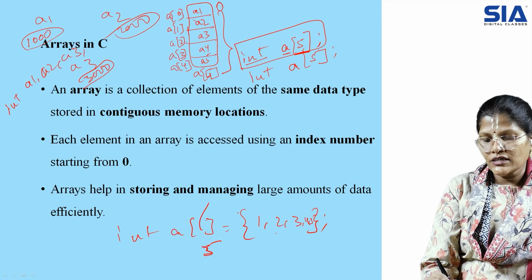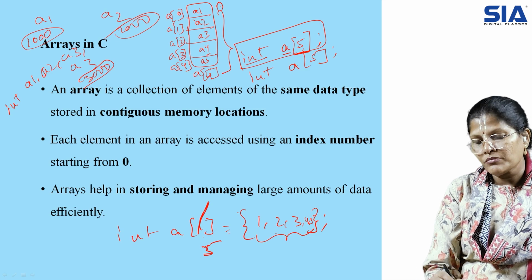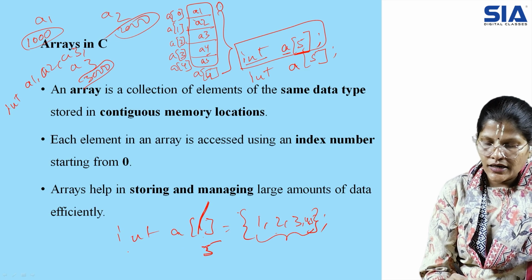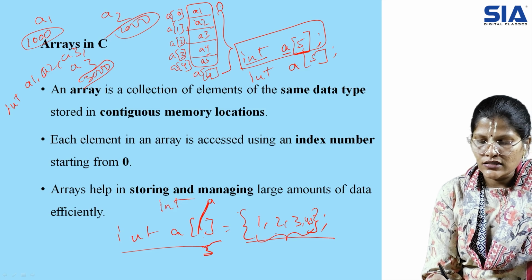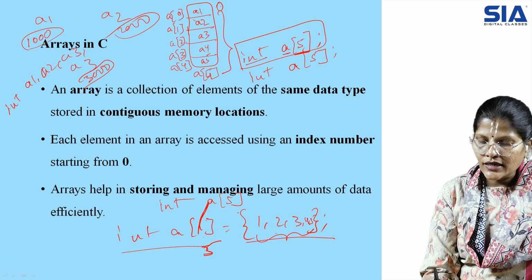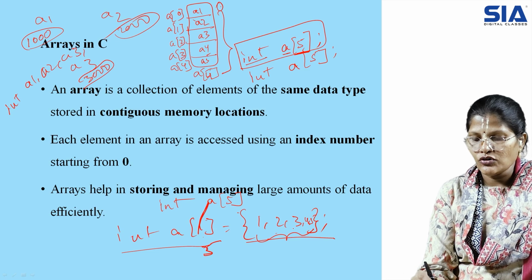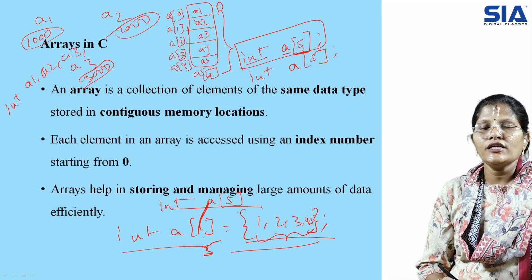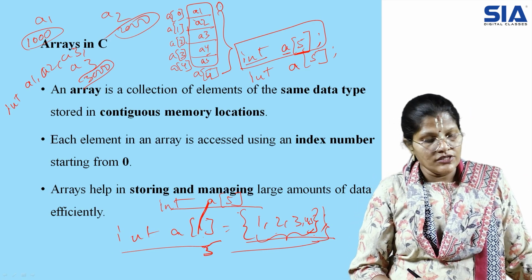So when you do not mention the size here, the values however many they are will become the size of the array. This is array declaration come initialization. When you talk about this, it is only declaration, whereas when you talk about this statement, it is declaration come initialization.